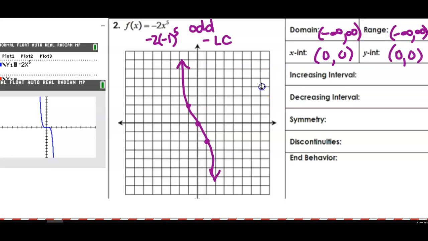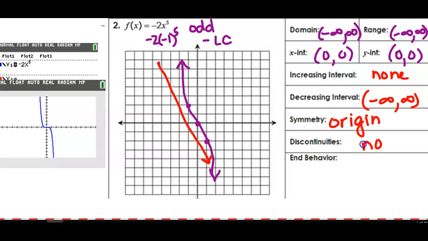Now, the whole thing, as the x's go to the right, the y's are getting smaller and smaller. The whole thing is decreasing. The symmetry it has is with the origin. It has no discontinuities.